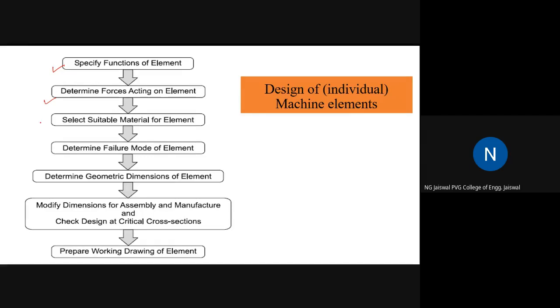Then select a suitable material. At this point, I want to make it very clear. Material selection means not only selecting a name, like FG200 or mild steel. The name is not important for us. We must know the values of the properties required.